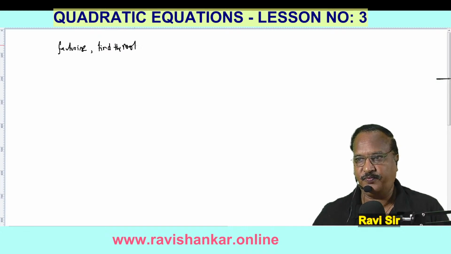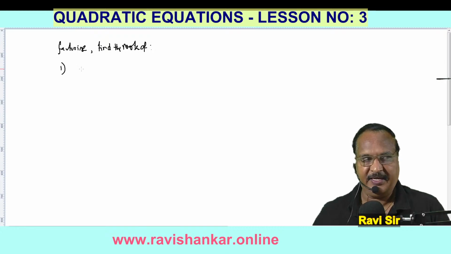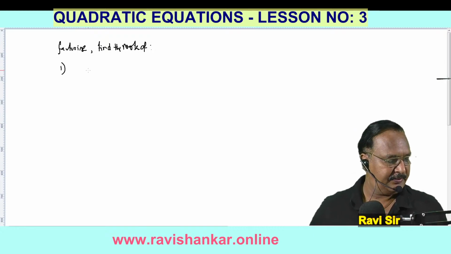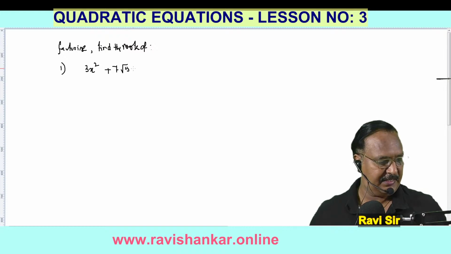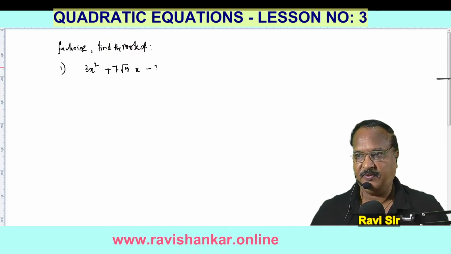Find the roots of. Just let me take one example, like 3x square plus 7 root 5 x minus 30 is equal to 0.